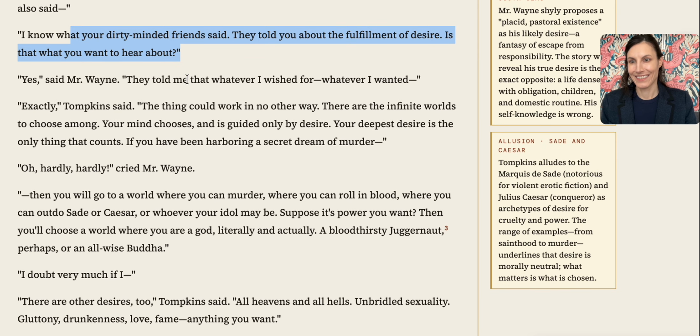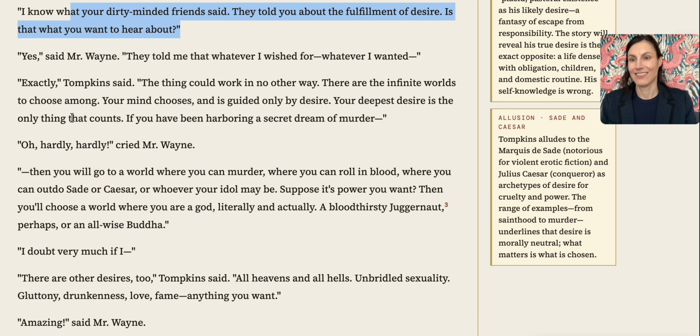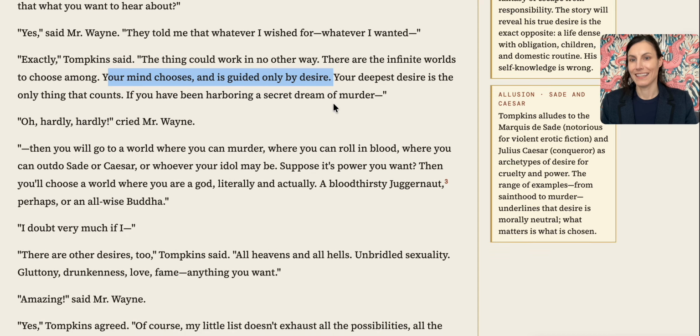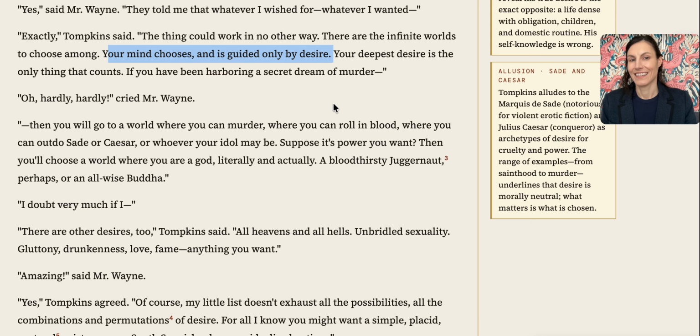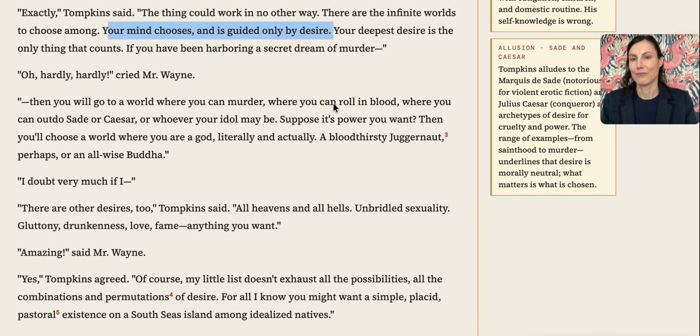So we can assume that people do this, and they might be going to degenerate worlds. But it's supposed to be the person's mind that guides their experience, taking you to the world you truly most desire. Then he says, if you've been harboring a secret dream of murder.